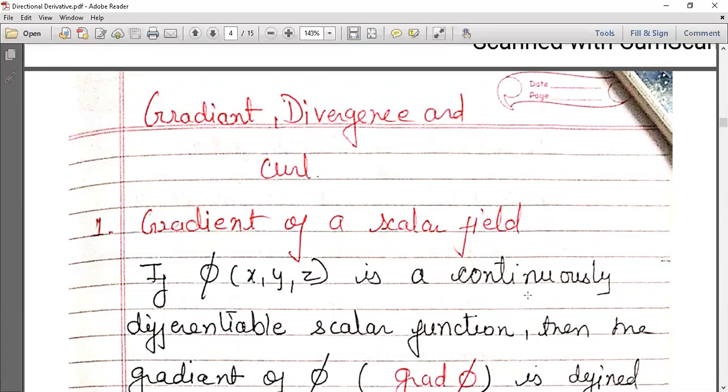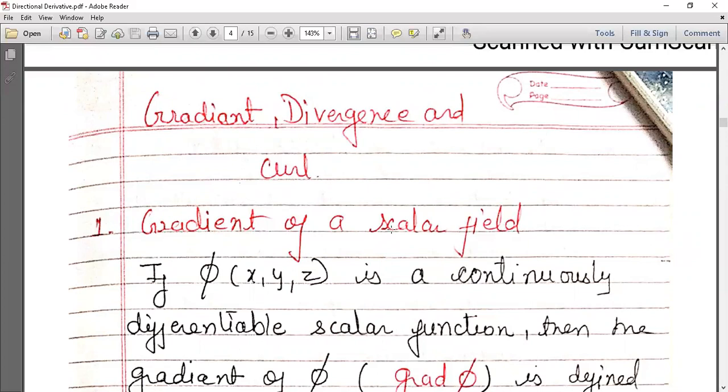The gradient, divergence, and curl operators convert a function from scalar to vector, vector to scalar, and vector to vector. Next we see the geometrical meaning and physical interpretation of gradient, divergence, and curl. First I'll start with the gradient of a scalar field.